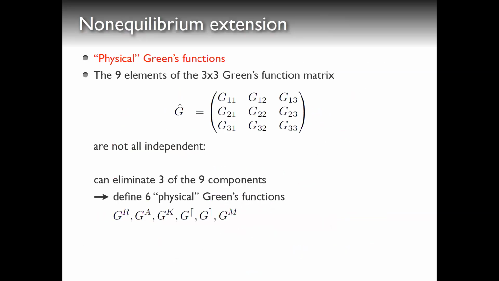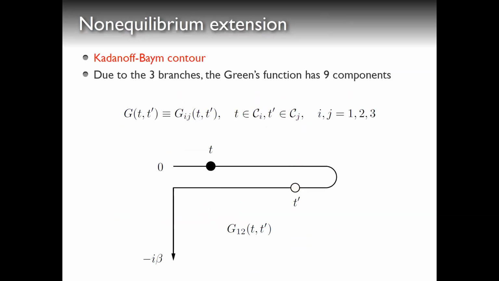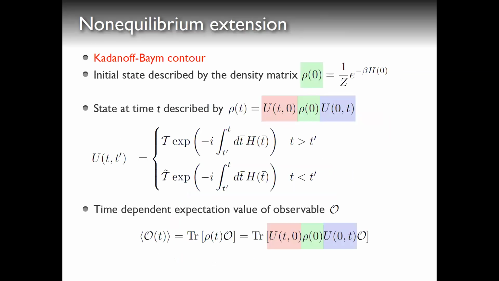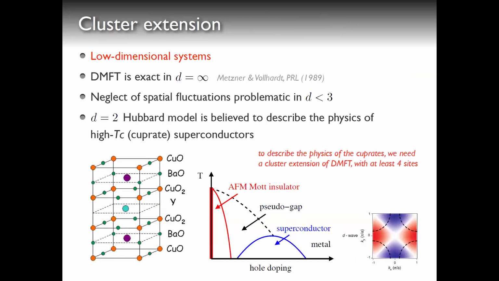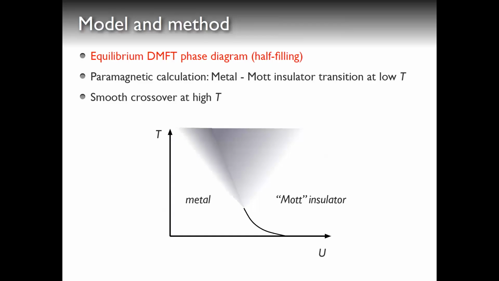Yes, that's a good question. In equilibrium, this has been studied a lot. For example, in DMFT for the single band Mott insulator, there is indeed a coexistence of two solutions. Around this line, there is basically a coexistence of a metallic and a Mott insulating solution.